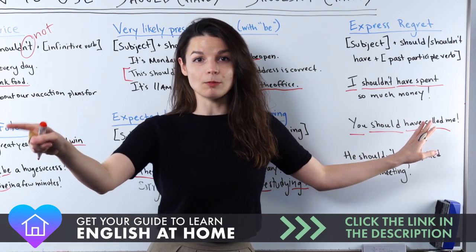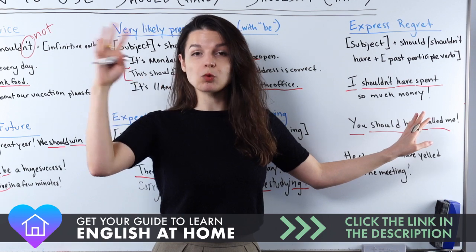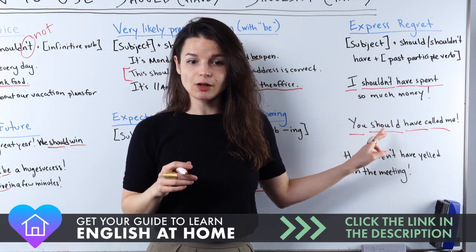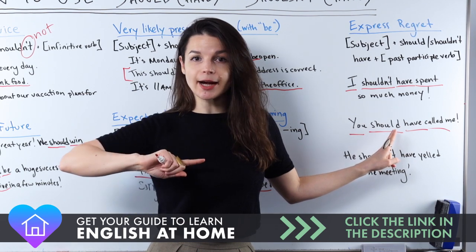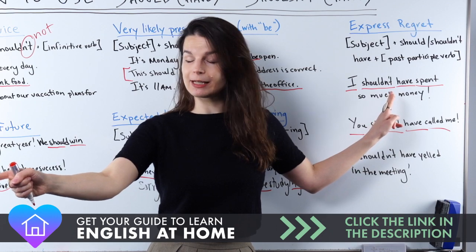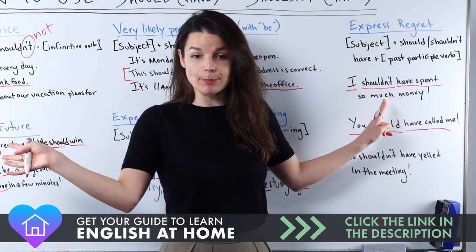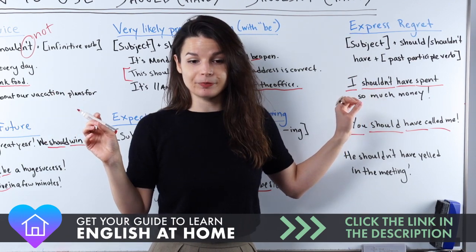That means you did not call me. But I think you should have. It would have been better. So please note, when you use the positive form of this, it means the action did not happen in the past. When you use the negative form of it, it means the action did happen in the past. So please keep this key difference in mind.